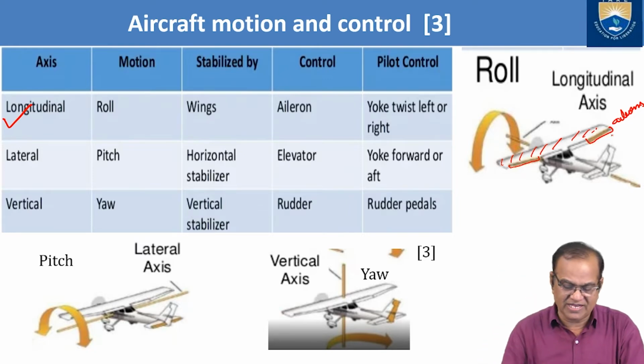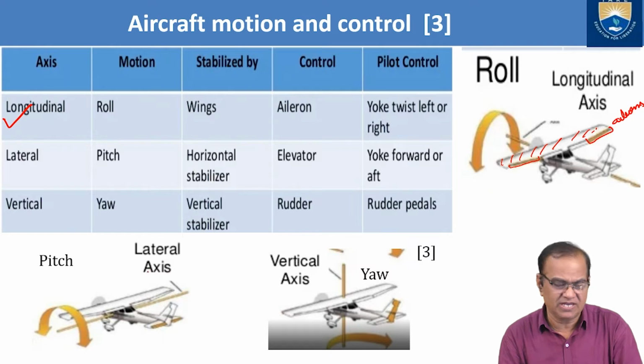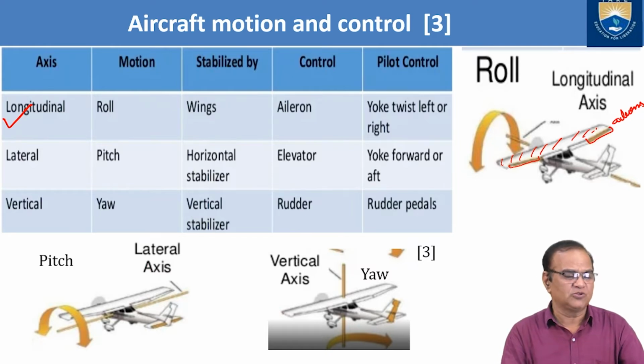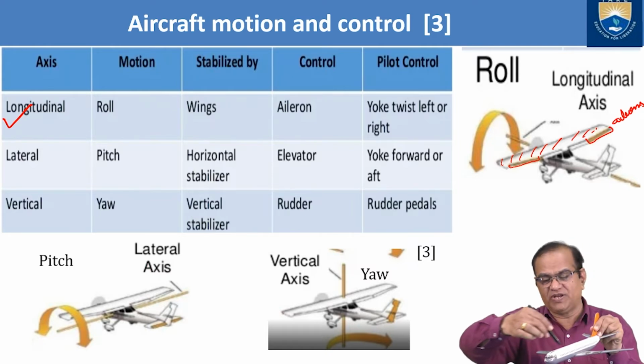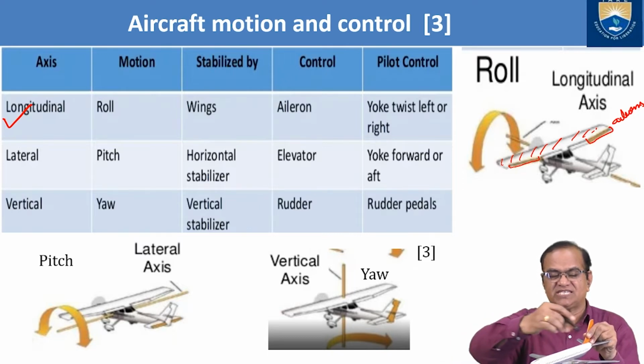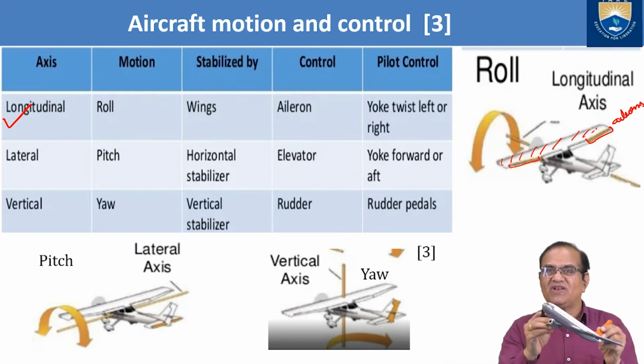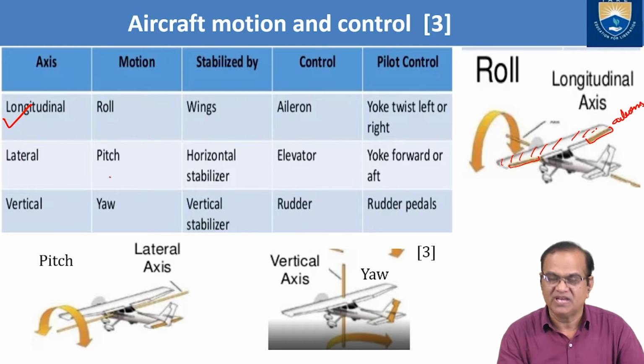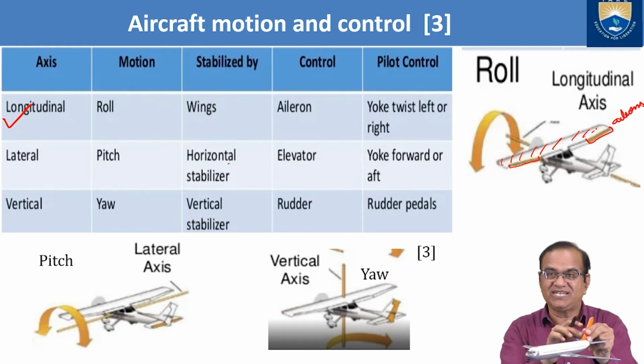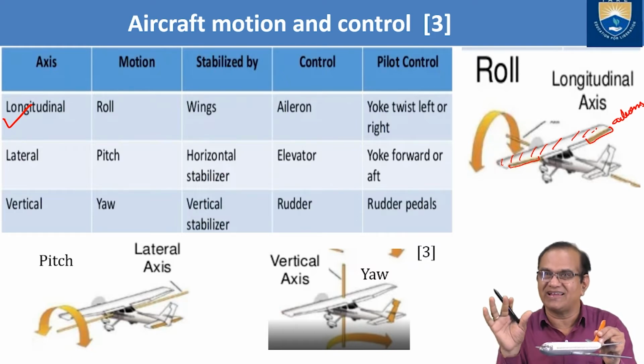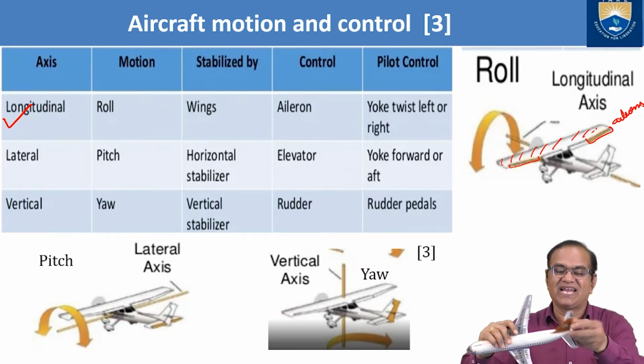Next is the lateral axis, meaning pitching. And this lateral axis, I have shown you, from wing tip to wing tip, this axis is your lateral axis, in this pitching will happen. So here it is a pitch. Then these horizontal stabilizers are used to stabilize the aircraft. Elevators are here.